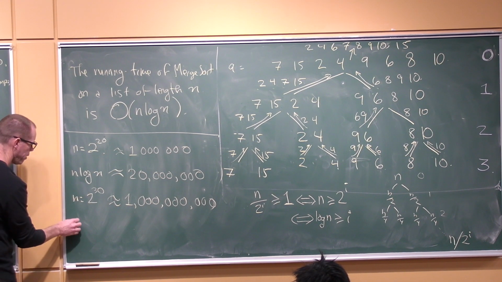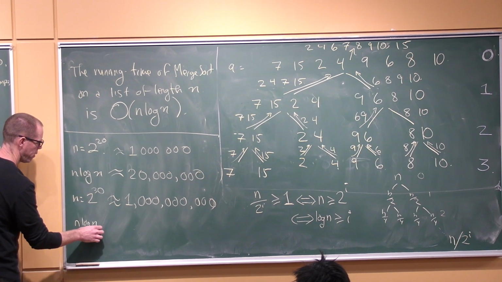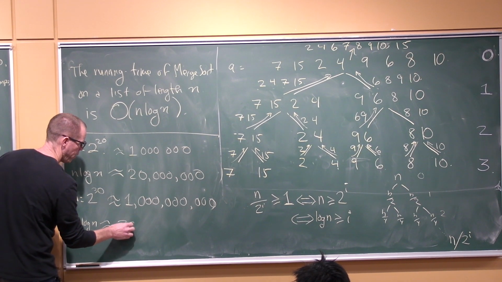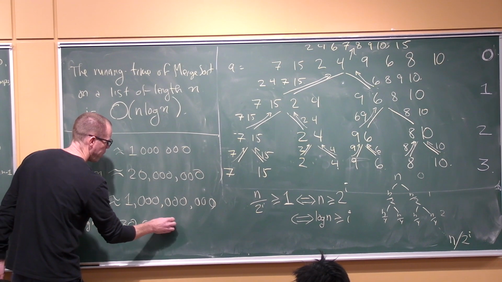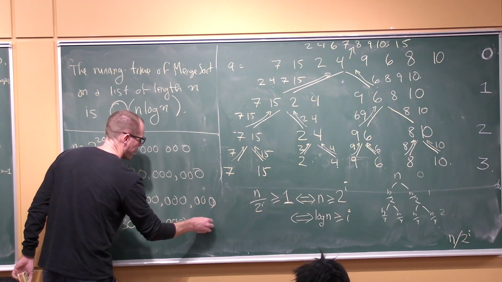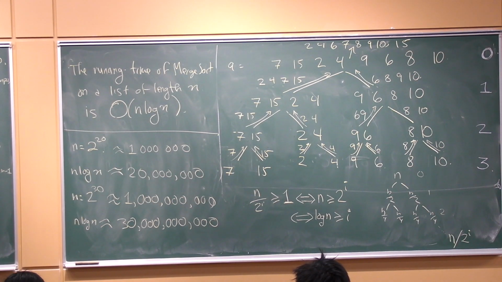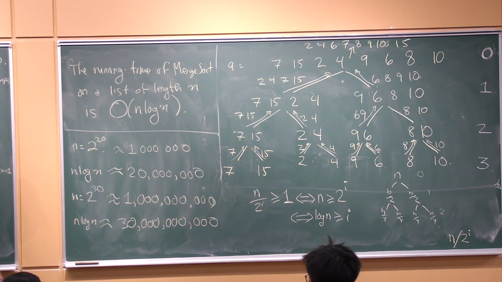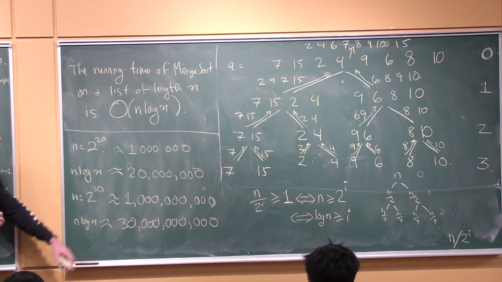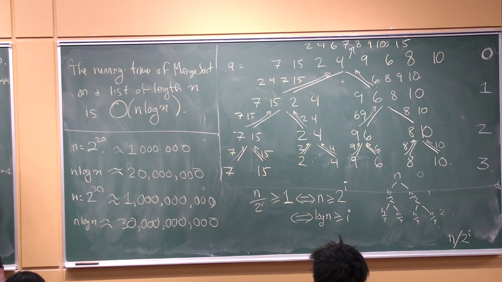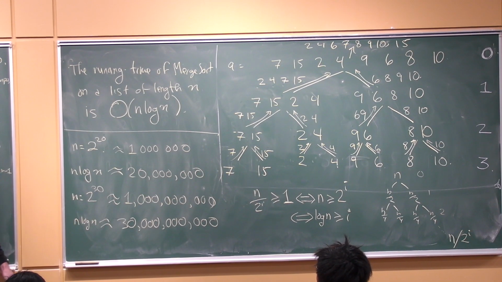Then n log n is only 30 billion, which is not bad at all. Think of your machine as executing 1 billion operations per second, so it might take 30 seconds to sort 1 billion items. That's pretty good. You can't really do much more than that because you'll run out of memory before then. All right, so that's a good place to stop for today.